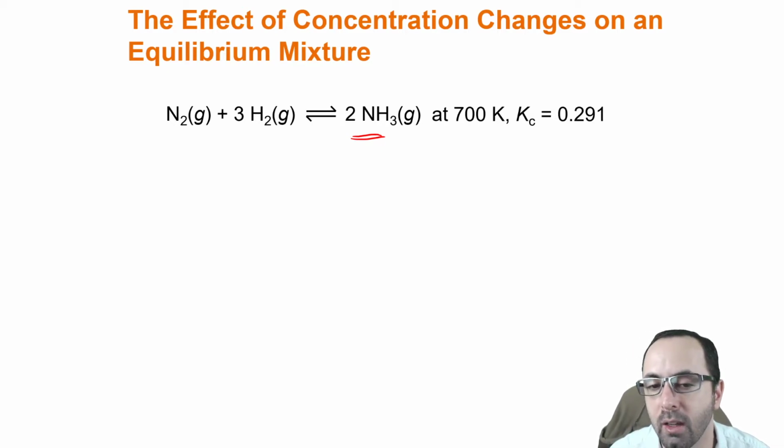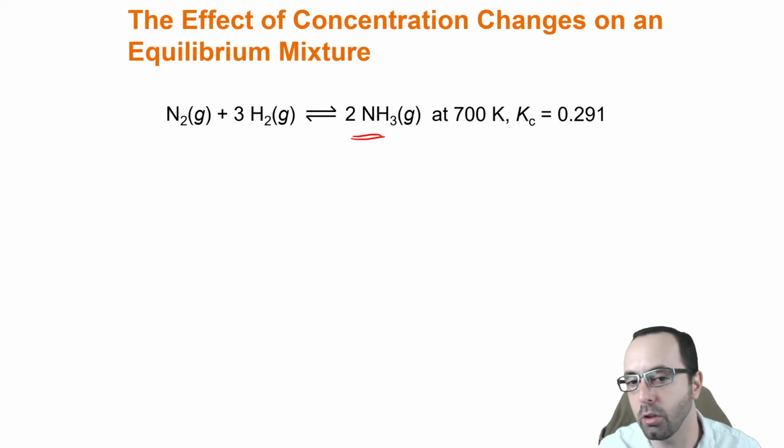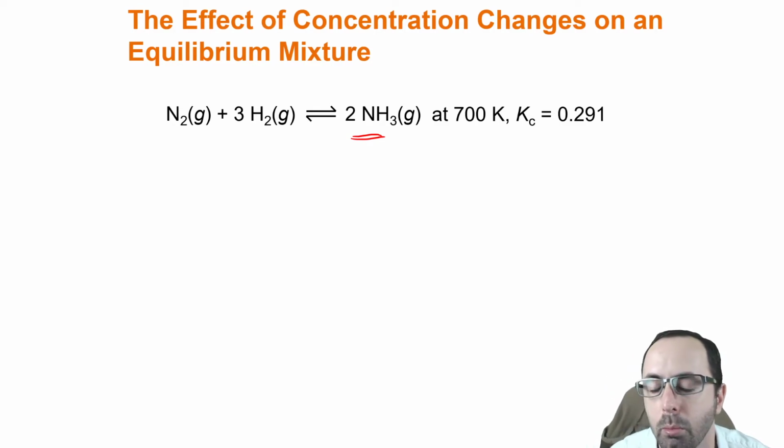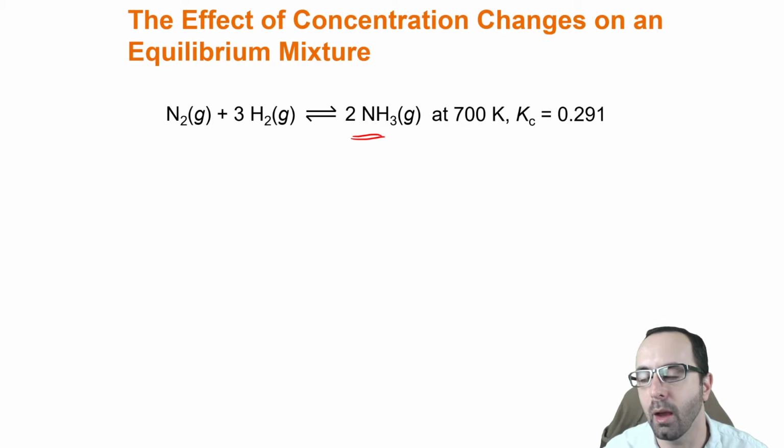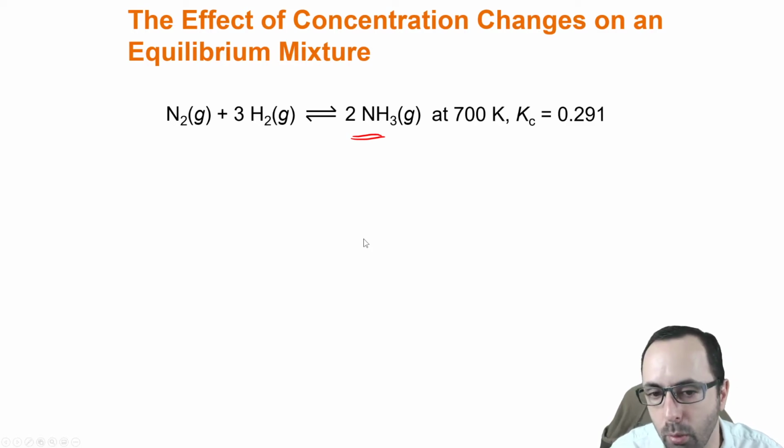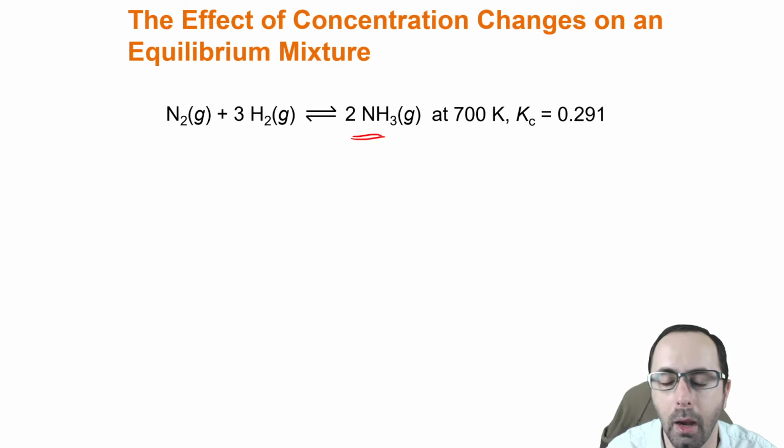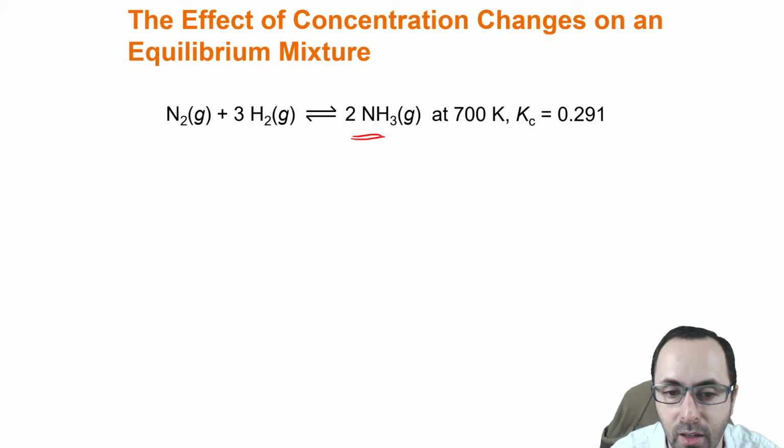So the trick that was done in order to push this reaction more forward to make more ammonia is that along the way the ammonia is being removed, and so that will cause the reaction to continue to go forward. We can also think of this in terms of Q. If we calculate Q and compare it to K, that's a way to know in which direction the reaction is going to go.